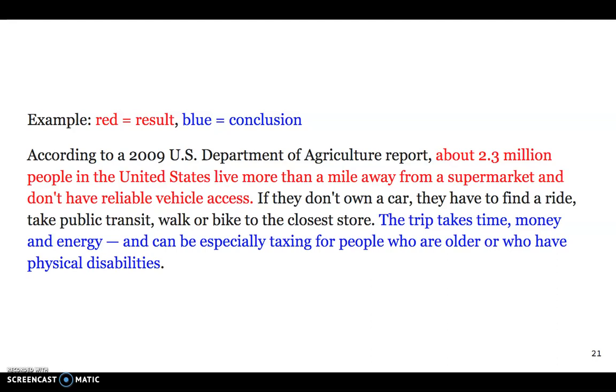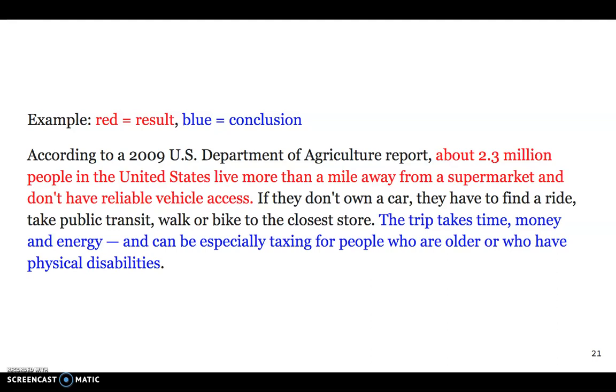Here's an example of a conclusion. According to a 2009 U.S. Department of Agriculture report, about 2.3 million people in the U.S. live more than a mile away from a supermarket and don't have reliable vehicle access. If they don't own a car, they have to find a ride, take public transit, walk or bike to the closest store. The trip takes time, money, and energy, and can be especially taxing for people who are older or have physical disabilities.